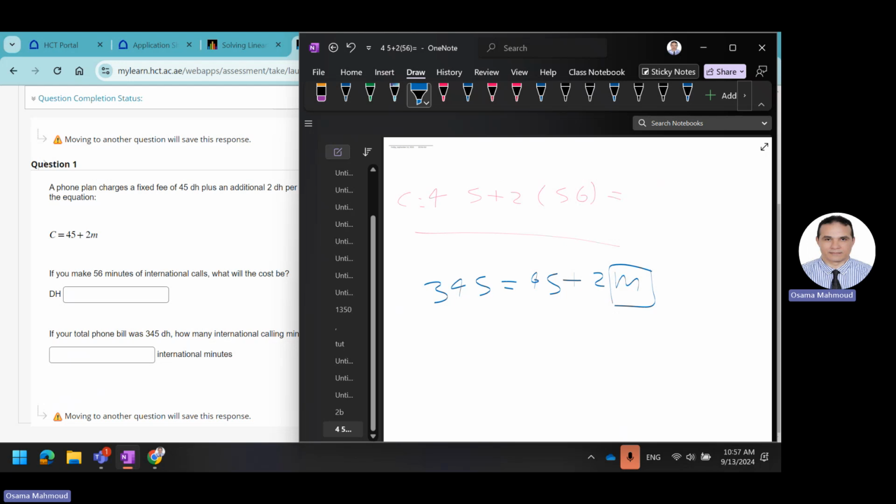As I told you, this is a linear equation in one variable. Move this one to the other side. Now this is exactly 300. Now you would like to get m, so you divide by 2. So m will be 150 minutes, right?